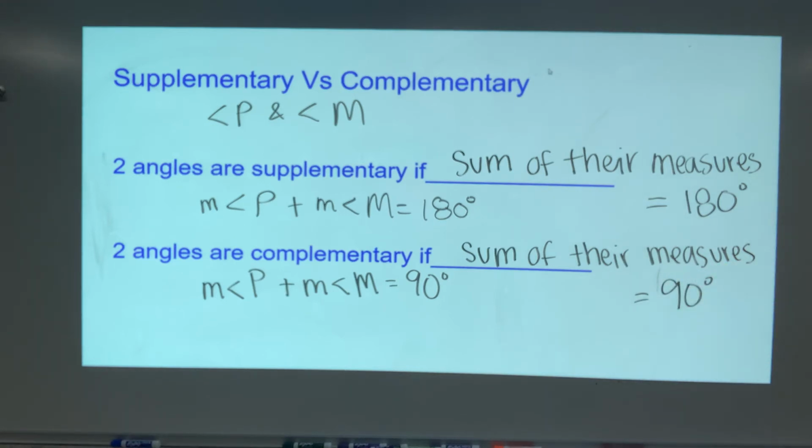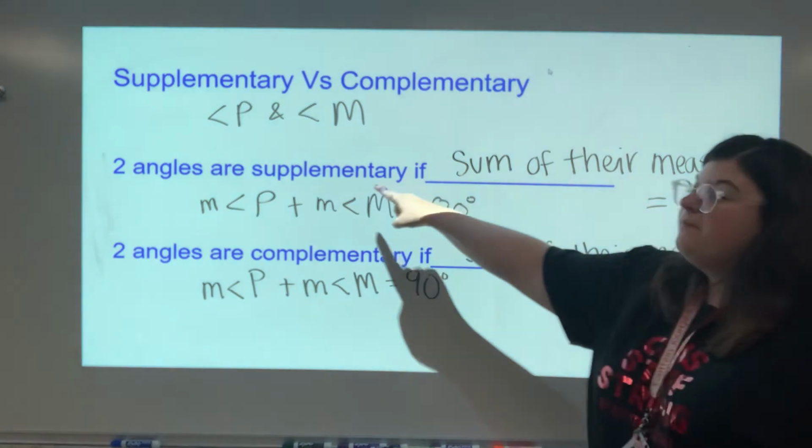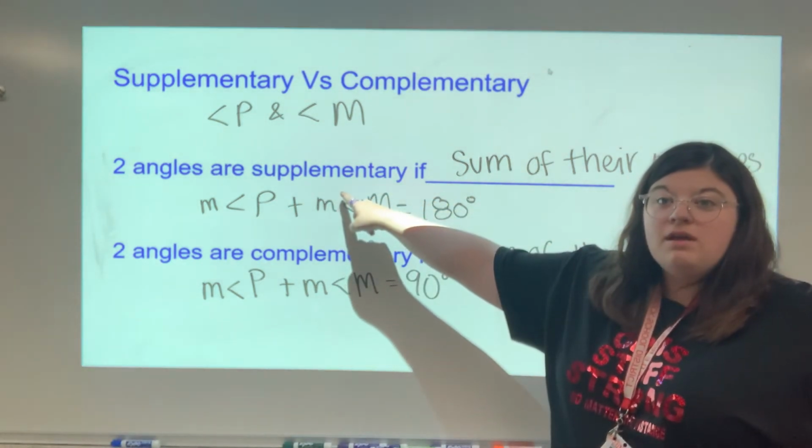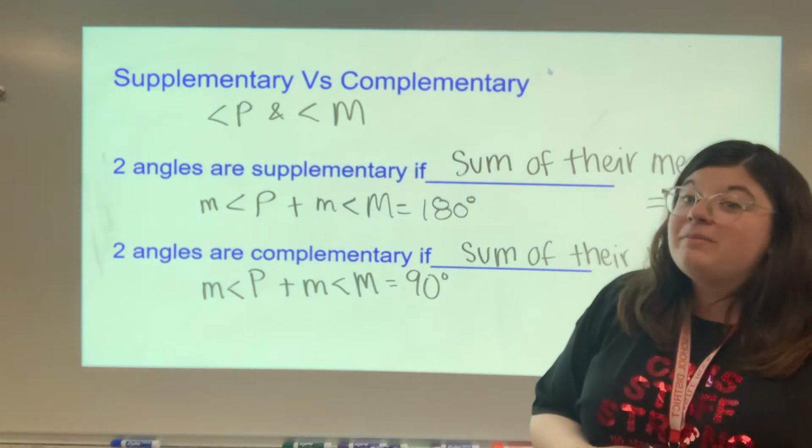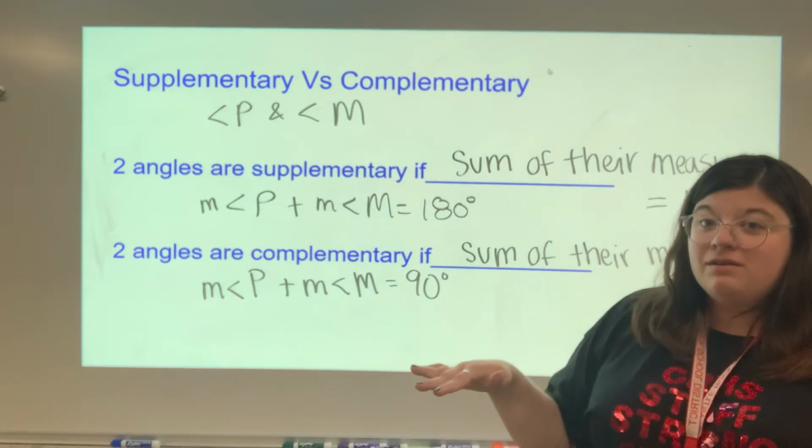All right. Again, these are not going to be going away anytime soon. We're going to be using these all year. Supplementary, 180 degrees. Complementary, 90 degrees. The way that I can remember these, wow, I sound like Dr. Seuss or something. Supplementary, if you look at that word, supplementary, supper. Think of supper. After you've had a really big supper, you want to lie down, right?